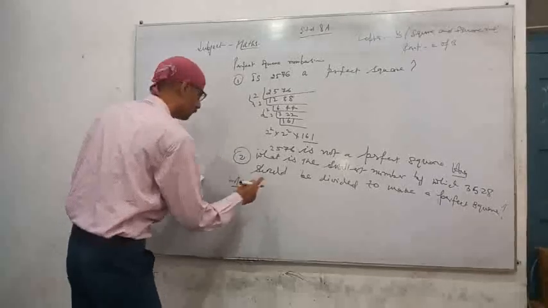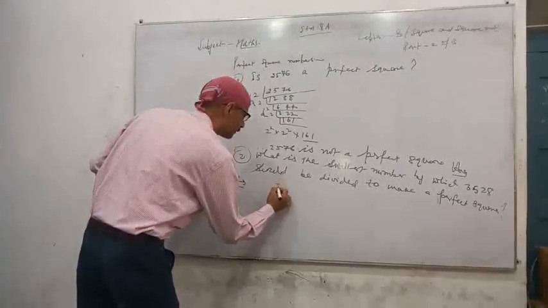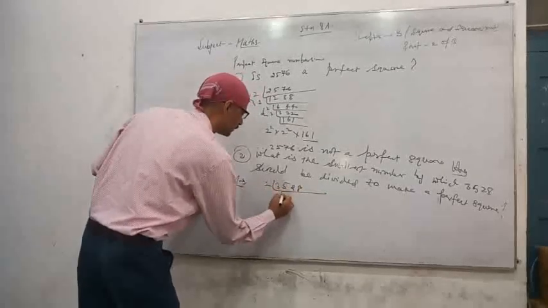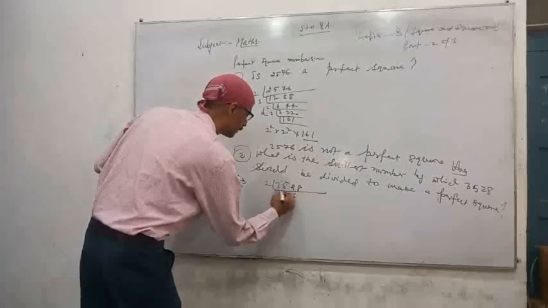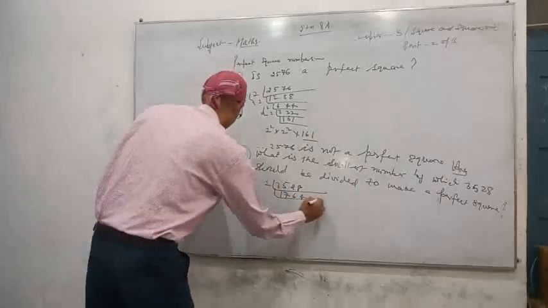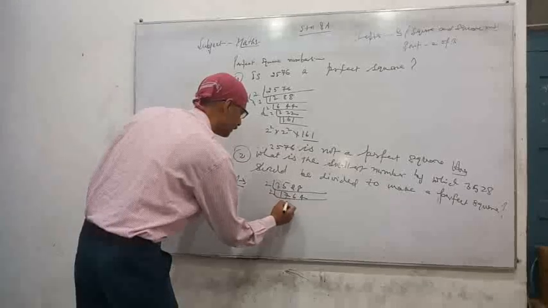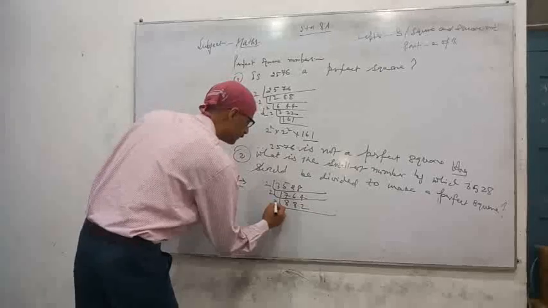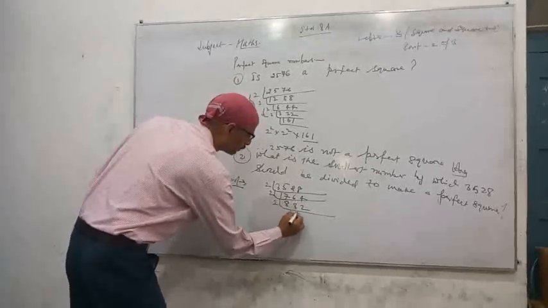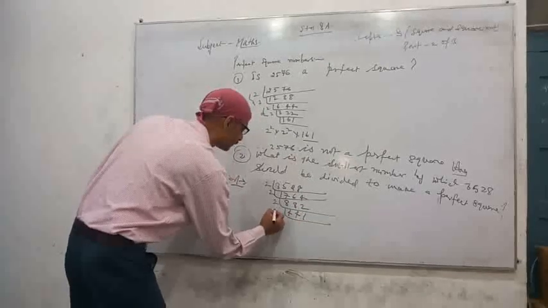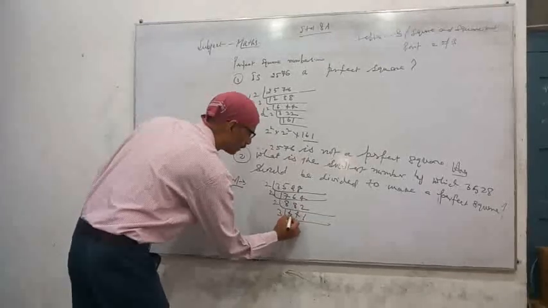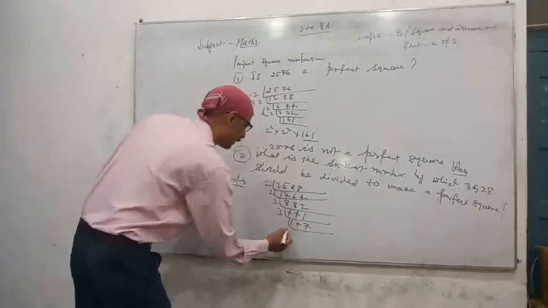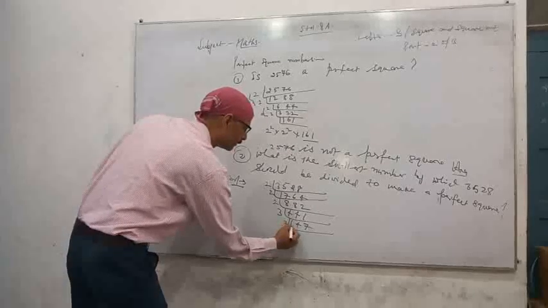You do the prime factorization of 3528. 1764, again from 2 divide it, 882, 441, 3, again divided by 7.